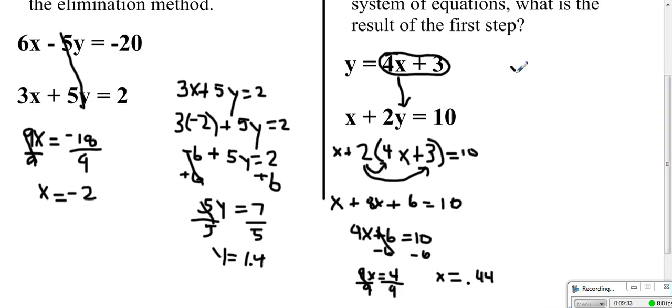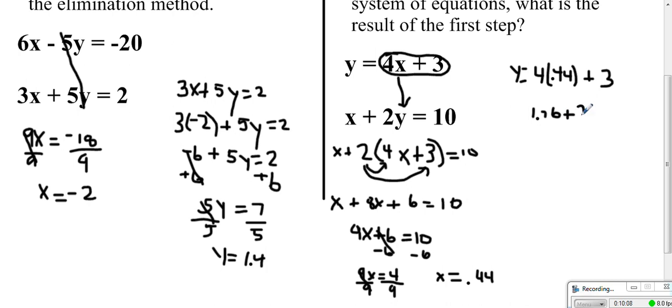And then now you substitute that in for the y, for the x. So it's 4 times 0.44 plus 3. And 4 times 0.44 equals 1.76.